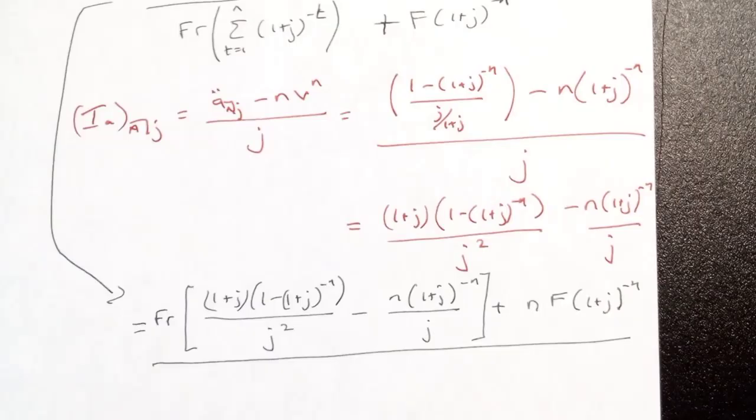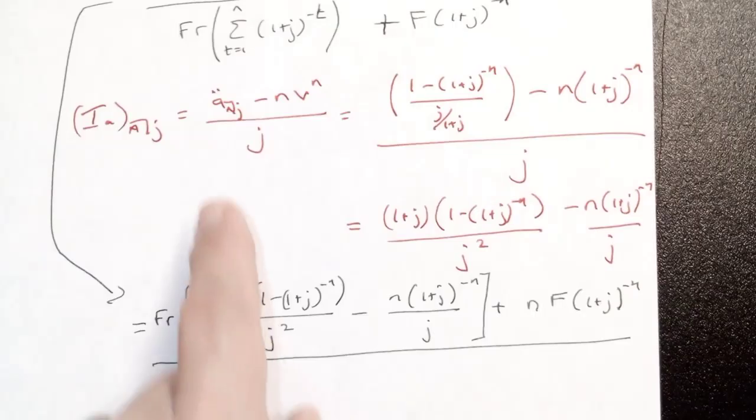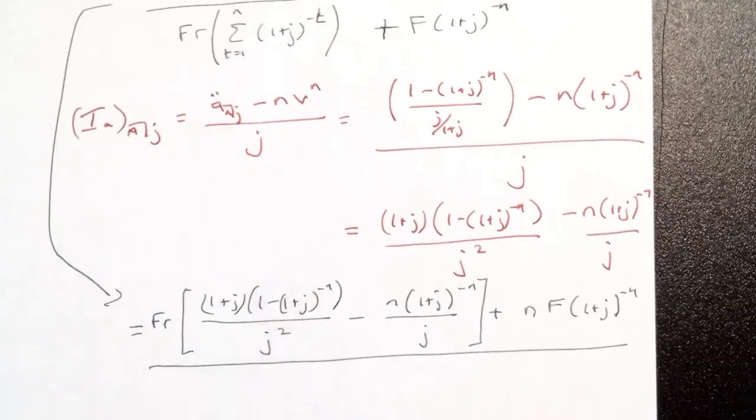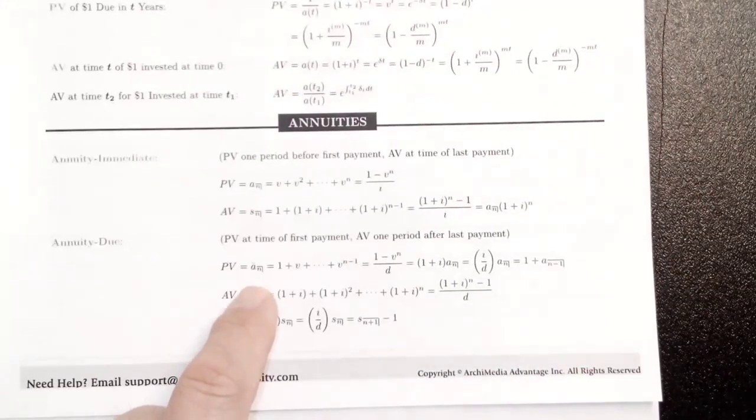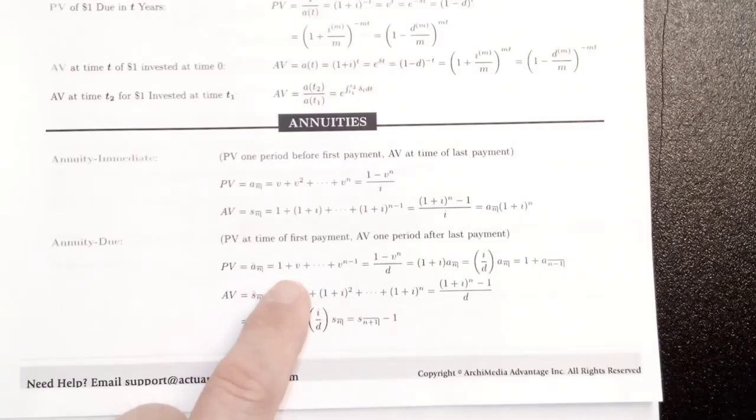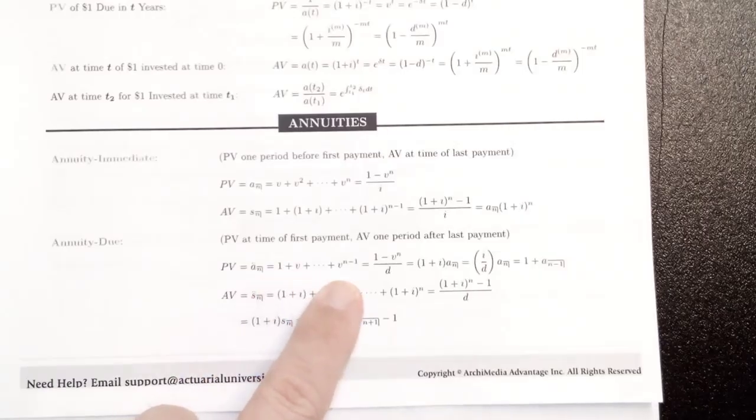Adam, that page that had the annuity formulas on it, the formula sheet from the FM setup, had the annuity due formula on it, right? And that's here. But that starts with 1 and v and goes up to v to the n minus 1, right?